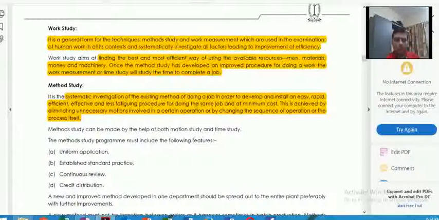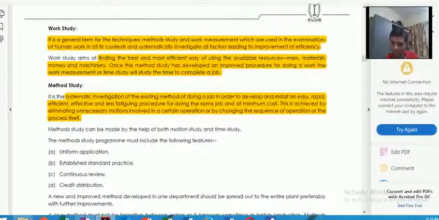This method study is the last part of the study. First we have seen the time study in which we are studying the time, then we have seen the motion study in which we are studying the motions. The combination of these is the work study, and method study is the combination of all the three which we have seen previously, that is time, motion as well as work, because method involves all these three things: time, motion and work.